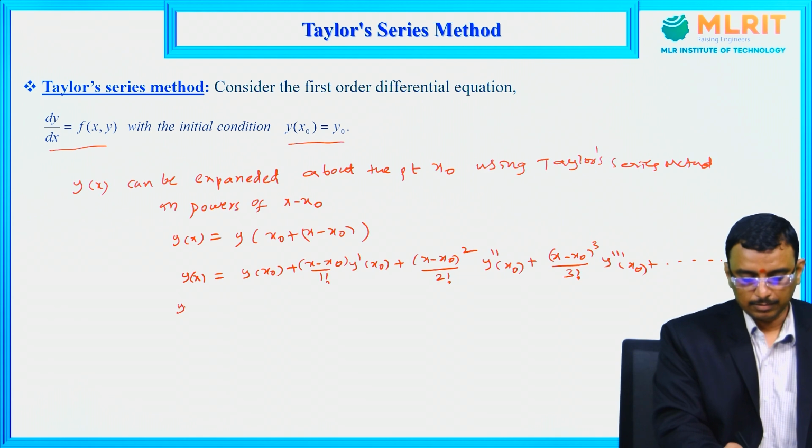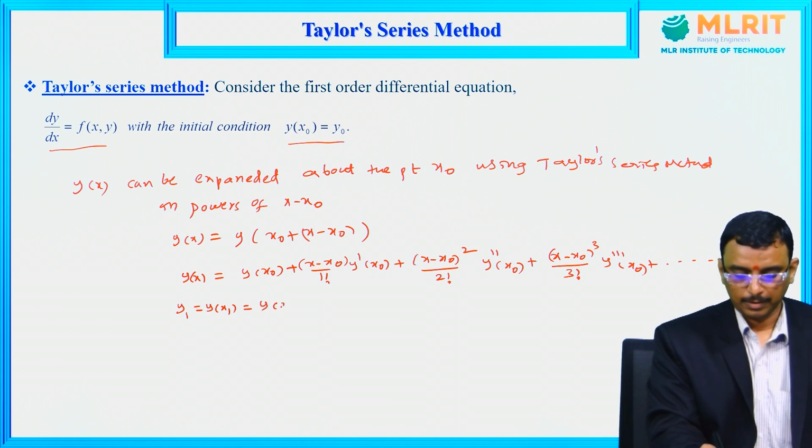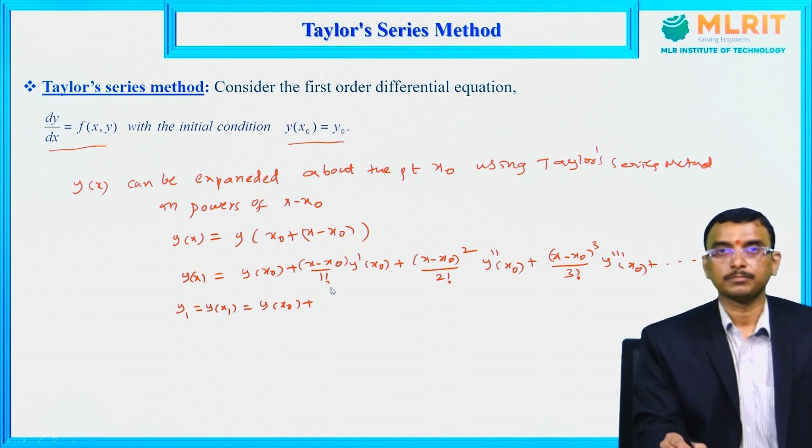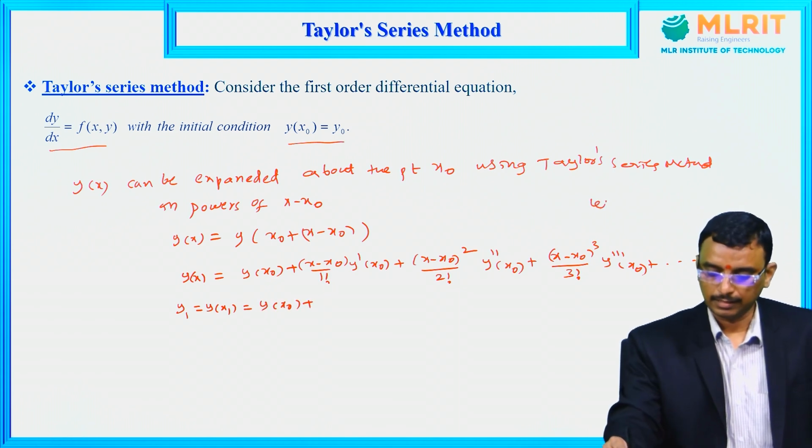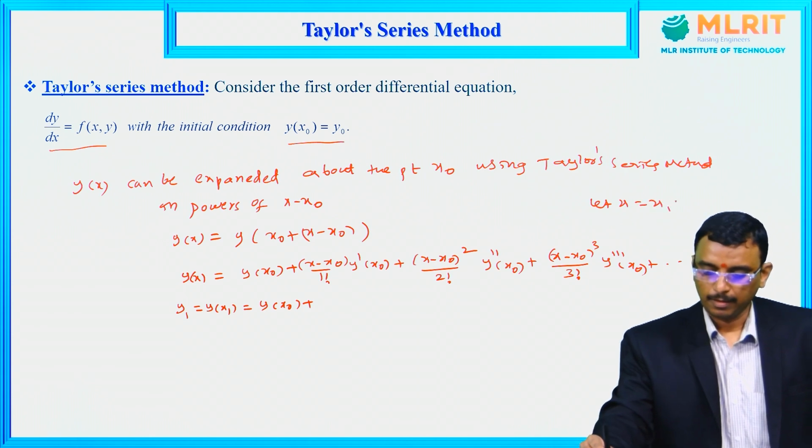Or we can write this as y1, that is y of x1, is equal to y of x naught plus x minus x naught. Let us take x is equal to x1, that is equal to x naught plus h, the interval difference. So we write x minus x naught is equal to h.